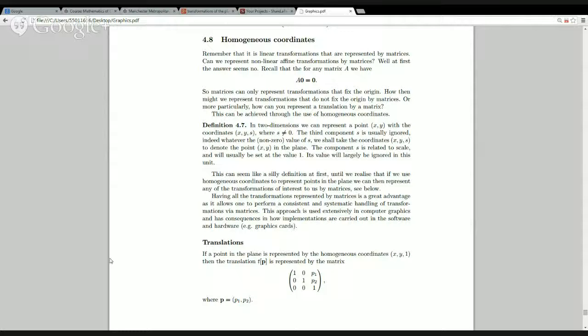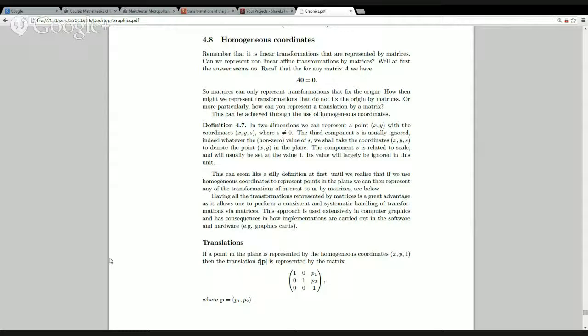So just for organizing things and for implementing things on the computer, it'd be nice if it was more consistent, if translations could be represented by matrices as well. But of course, they can't.